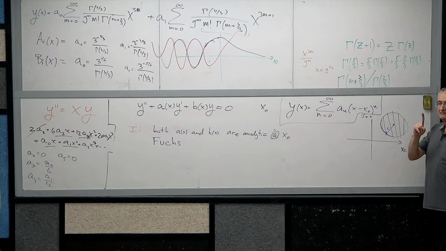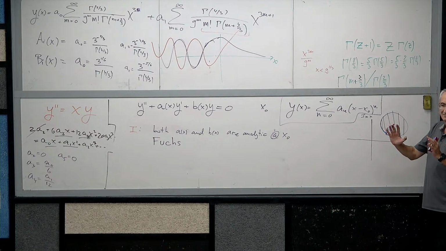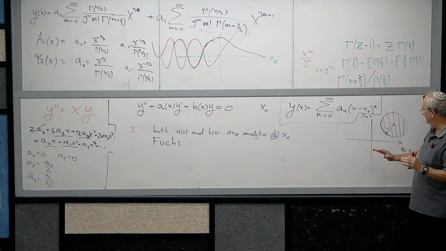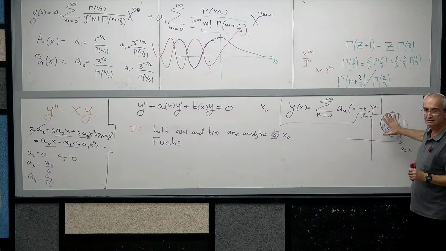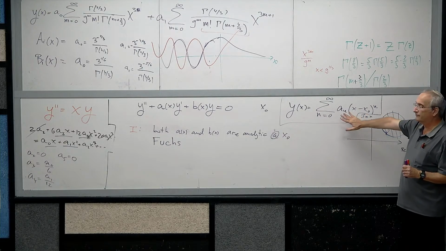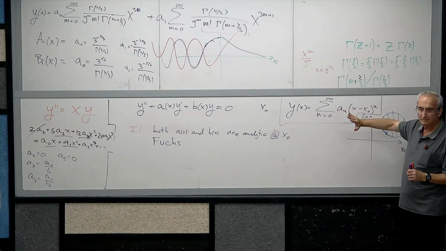Note, this does not mean that the series diverges outside this circle. It may converge, but this is not guaranteed by Mr. Fuchs. We have no guarantee that it will converge here or here, right? But within this disk we have convergence. We will have two solutions that converge and everything is nice.